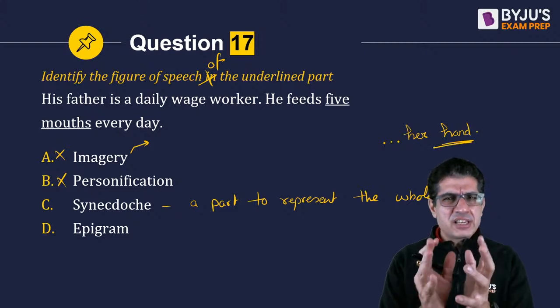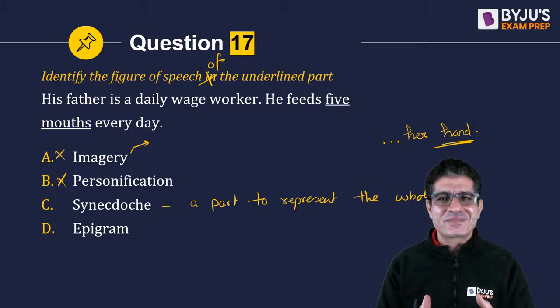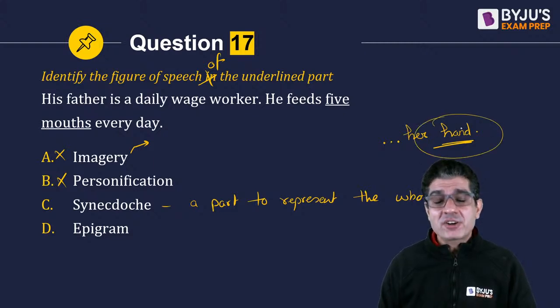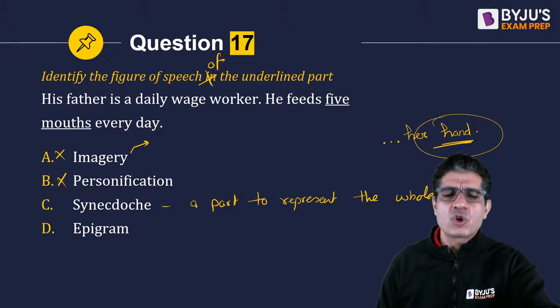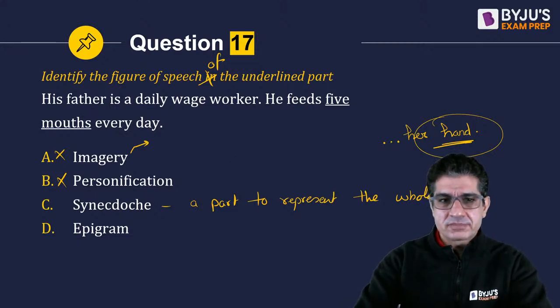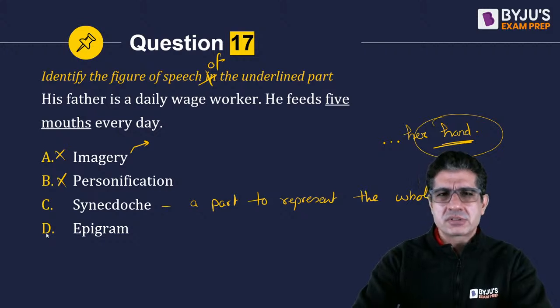So, does he want only her hand or does he want the entire person? So here, a part of that person is being used to represent the entire person, and therefore that is called synecdoche.